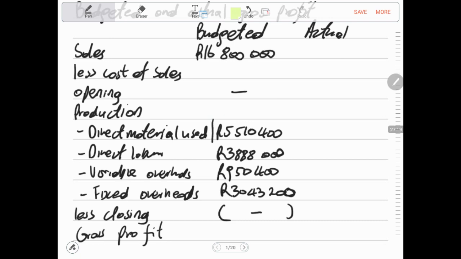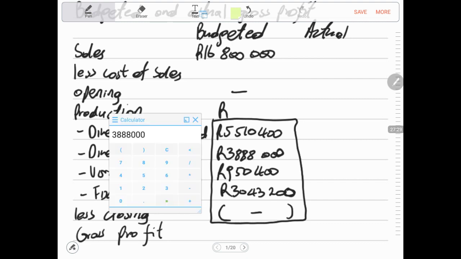Therefore let me draw a line to calculate my production cost. My production cost will be made of 3,888,000 plus 5,510,400 plus 950,400.